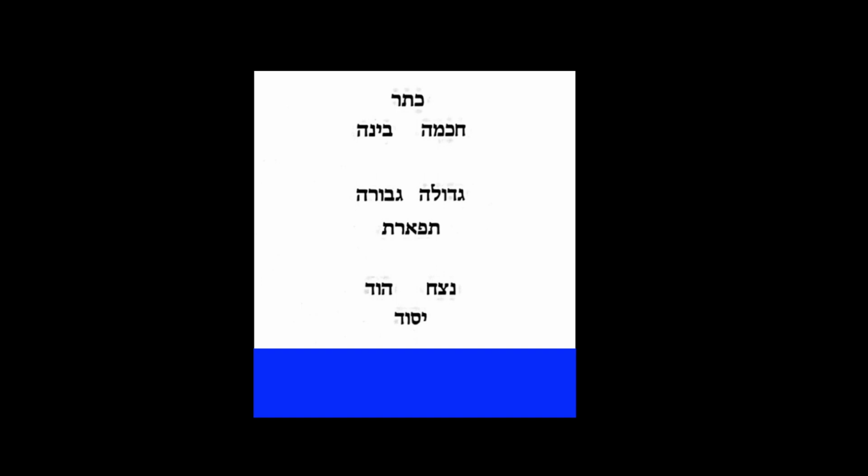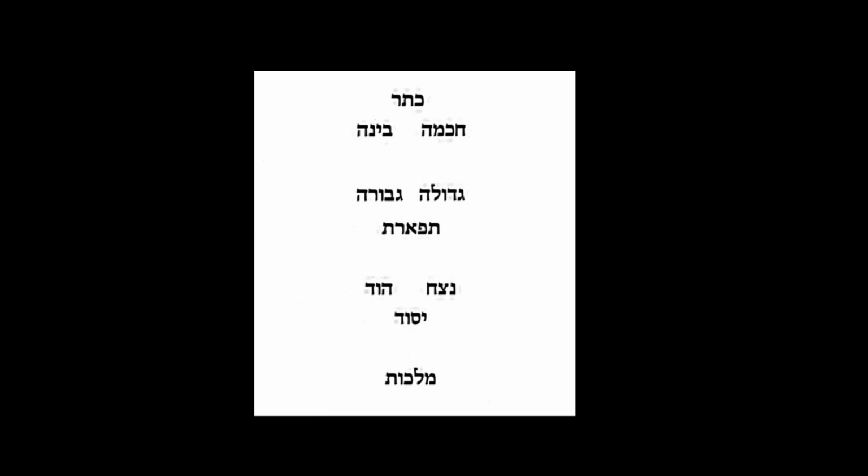And then netzach, hod, yesod is the next level, which is often translated as victory, but it really means coordination, like a coordinated giving. Hod is splendor, and Yesod is the foundation, and then you have Malchut, which is the different ones put together. So Malchut is actually the 9 levels of 3.